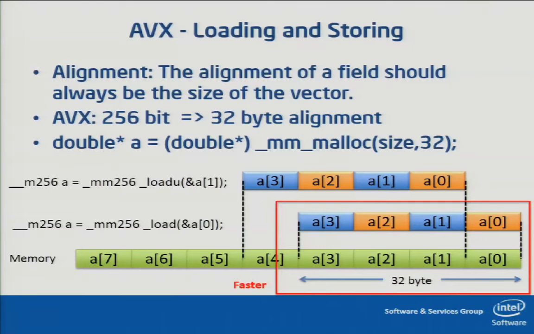On the other hand, there is also a performance benefit from loading from a given boundary. If you're on the boundary with respect to 32 bytes, we're loading fast. If we're not on the boundary with 32 bytes, we're loading slower at least. It's not so bad on Sandy Bridge anymore, but it's still a performance impact.